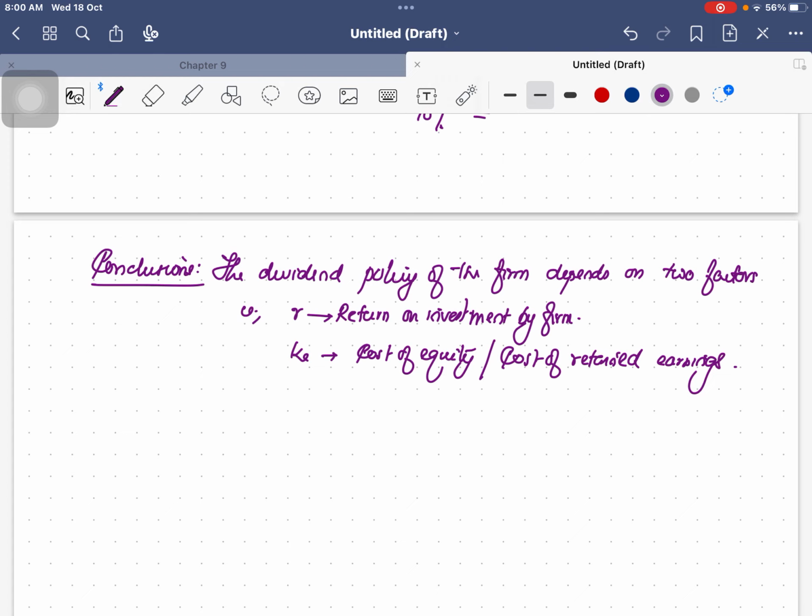Now you have the decision making matrix here.